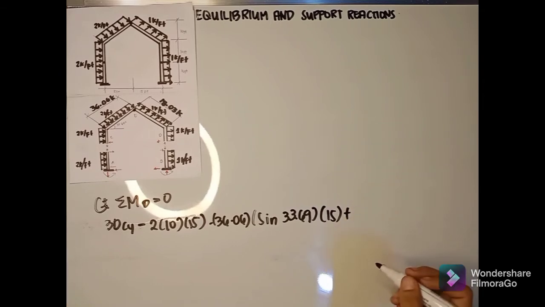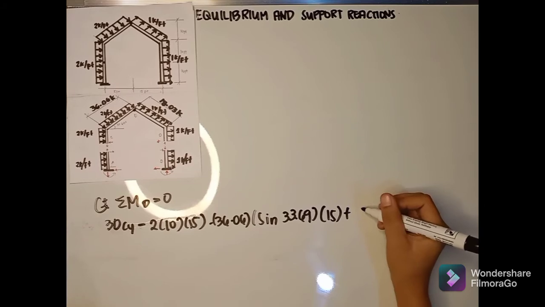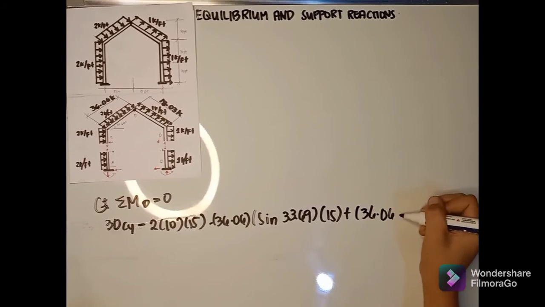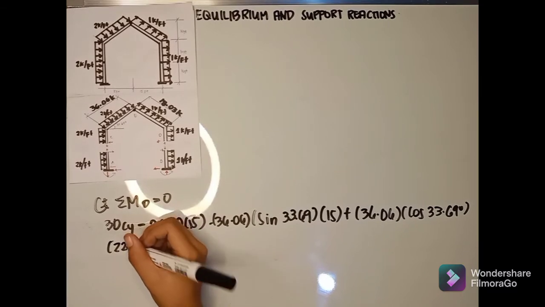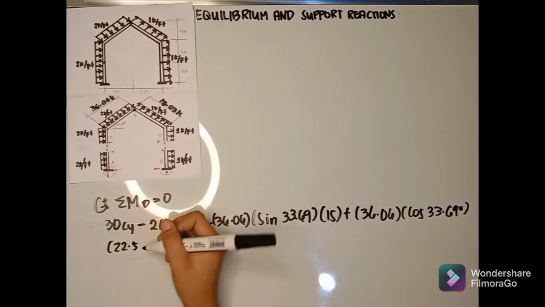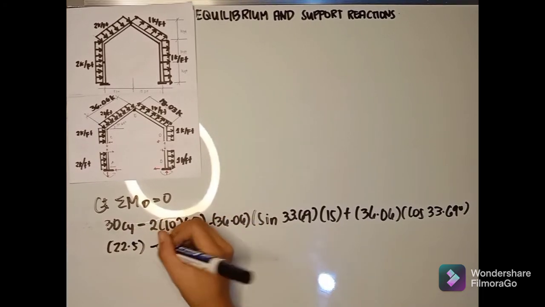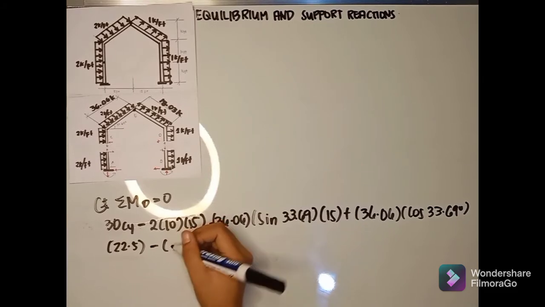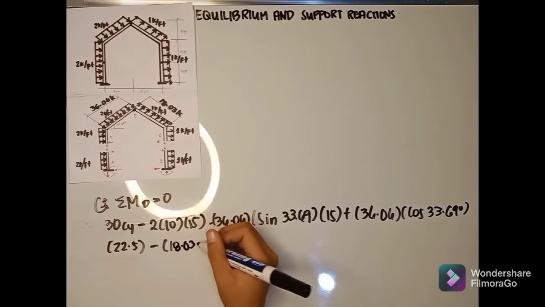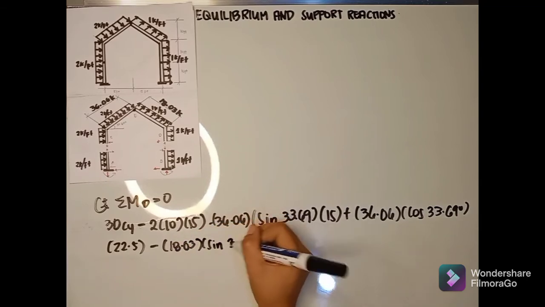For the horizontal component, it is 36.06 times cos of the angle 33.69 degrees times the moment arm of 22.5. Minus the 18.03 times sine 33.69.